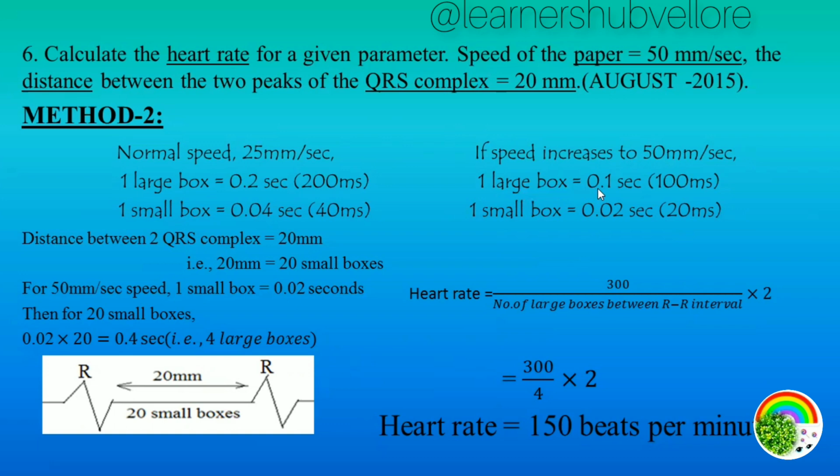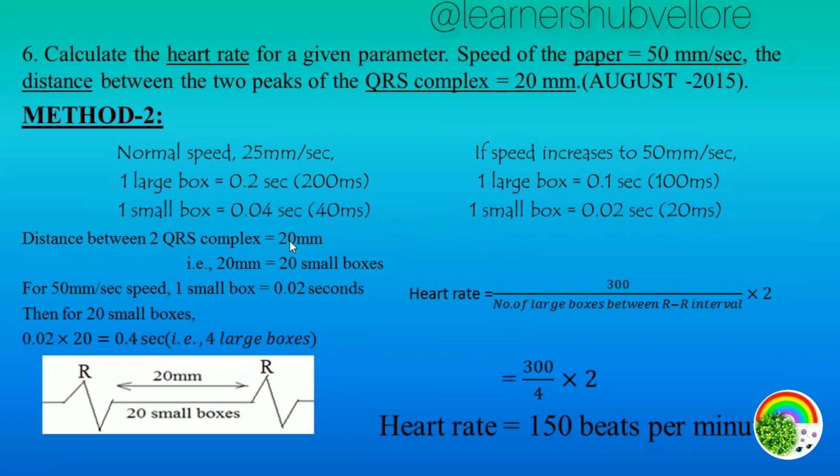In normal speed one large box is 0.2 second; here, one large box is 0.1 second. One small box is also the same. The value is halved when comparing 25 mm and 50 mm.